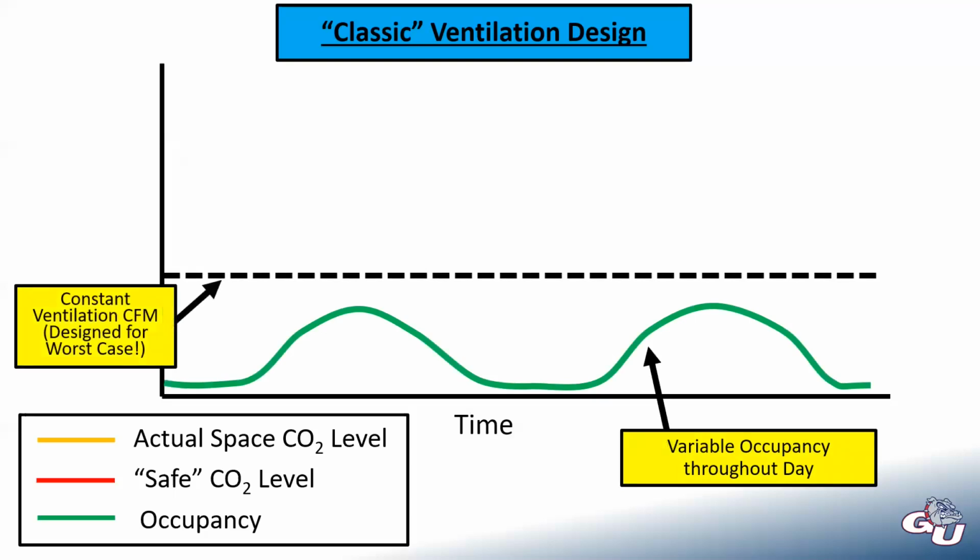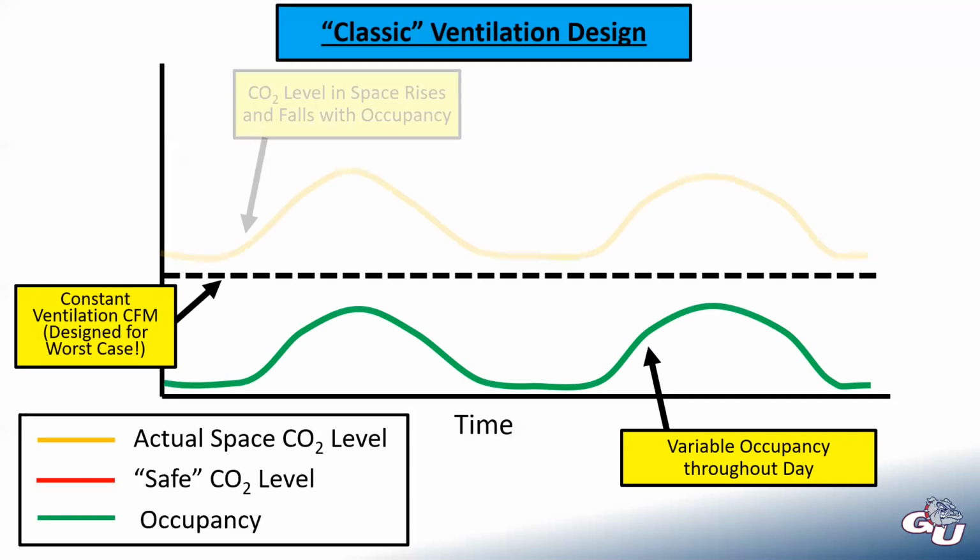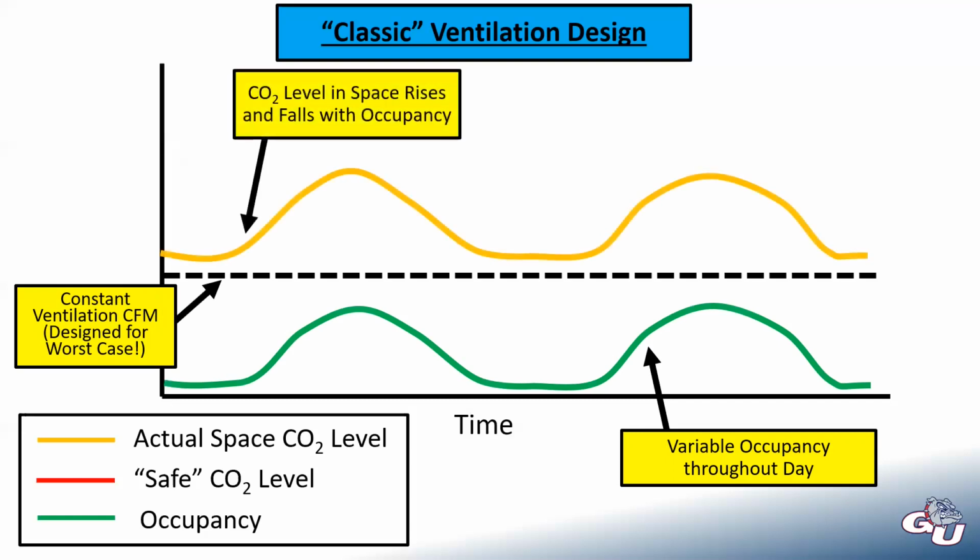And let's say we are just providing a constant ventilation airflow. It's designed for worst case. What would happen with the CO2 level is the CO2 level in the space would rise and fall with the occupancy. So as people enter the room, you would see an increase in CO2 and vice versa. So they would essentially follow parallel with each other.